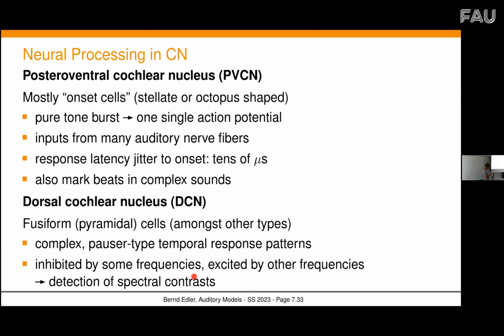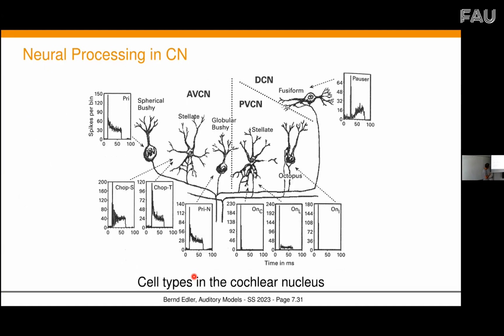So we have these pyramidal cells, also called fusiform cells. You see they have multiple connections, and they could be connected to multiple auditory nerve fibers, which might come from different positions on the basilar membrane, maybe neighboring positions.